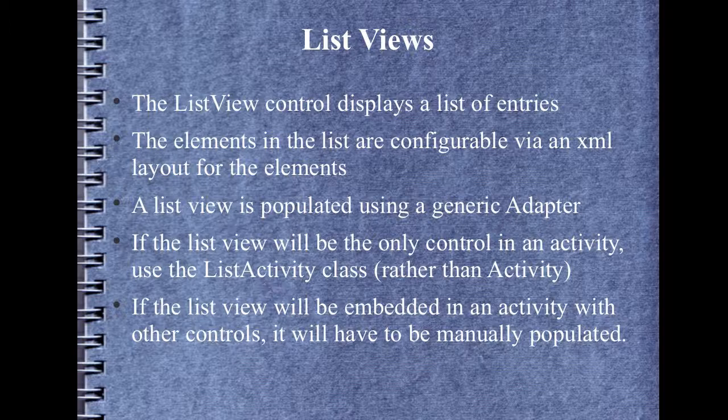Now, list views also provide us with some simple layouts that don't require a separate layout XML, and this is good for extremely simple layouts. However, if you're going to have any sort of complexity, if you're going to want multiple controls or even a single button inside each item in the list, you'll need to specify that layout in a separate layout XML for the list view.